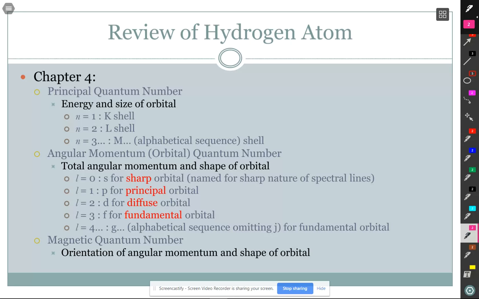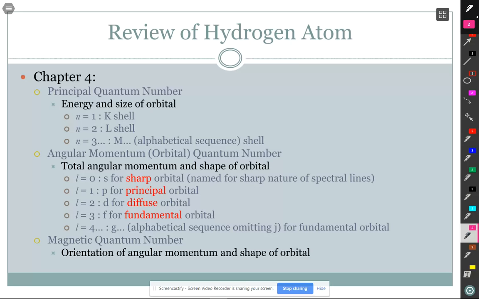Okay, so that's what we have for the N. It came from a radial solution. It told us about the maximum number of terms in our radial polynomial, and it gives us this important information. Then we had L, our orbital or angular momentum quantum number, and it tells us what the orbital is. L equals 0 is S, for sharp, named for the sharp nature of the spectral lines.